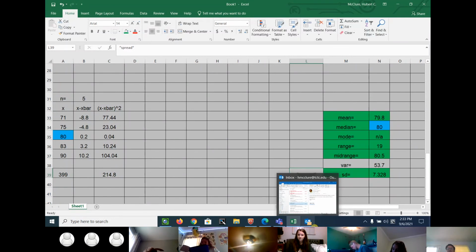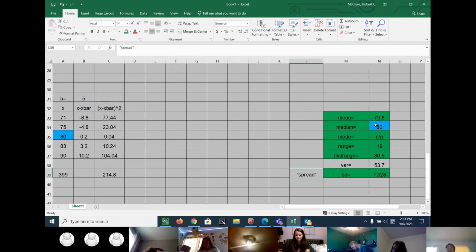I'll show you what I mean. I want you to keep your eyes on the mean. I'm going to paint it yellow. The median and the mid-range. Also, keep your eye on the standard deviation.